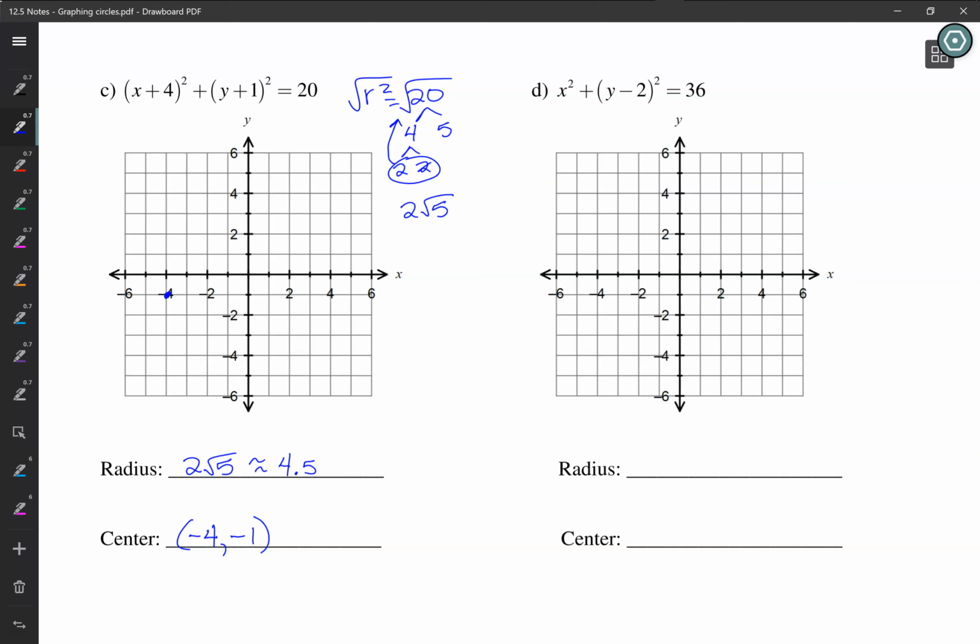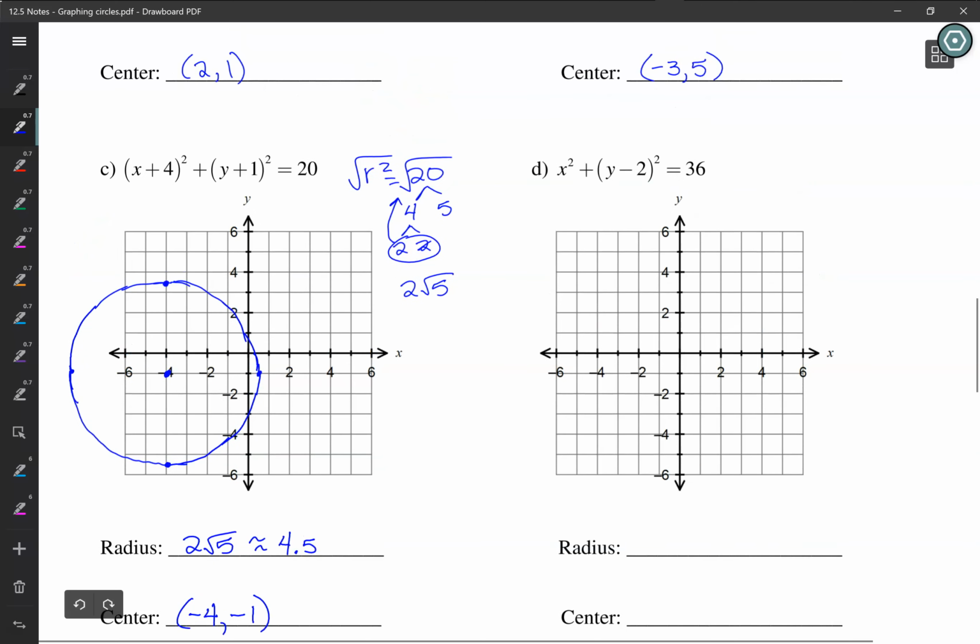Okay, and I didn't give you a big enough graph here, so we're just going to have to guess about where things would be. 4.5, 1, 2, 3, 4.5-ish. Just make your best approximation there. So good until the end. That was a good circle. Okay, I'm feeling good about that one.